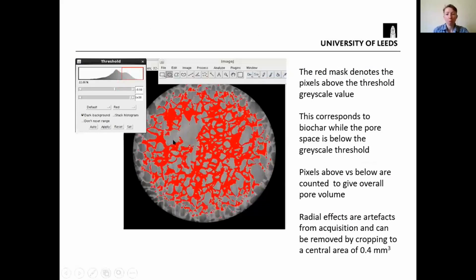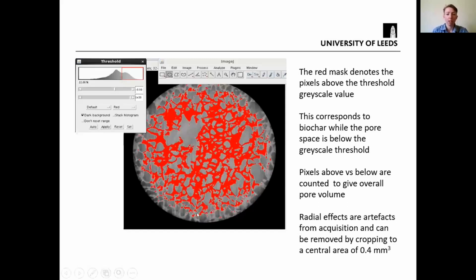And this red is a mask which is set upon top of the biochar, which is all of the lighter pixels, and then they are counted, and once that is done on a number of images, that will give you an overall pore volume.